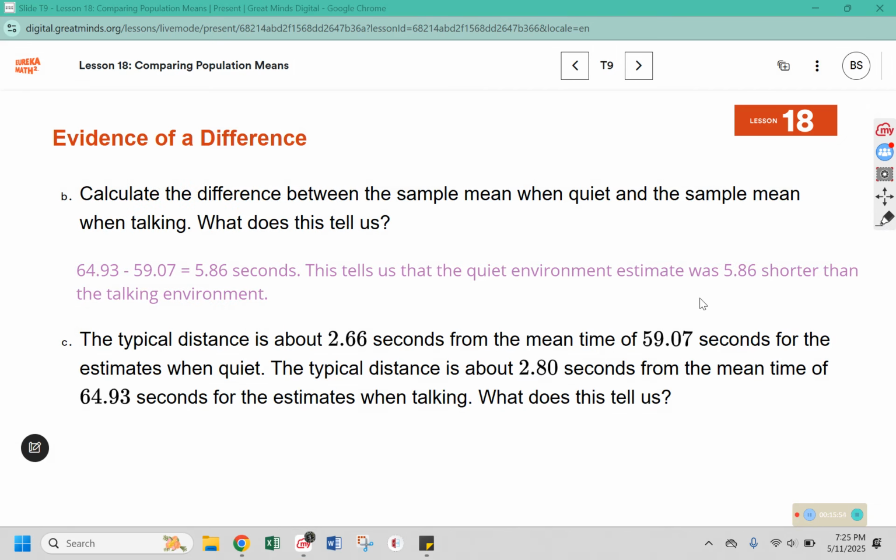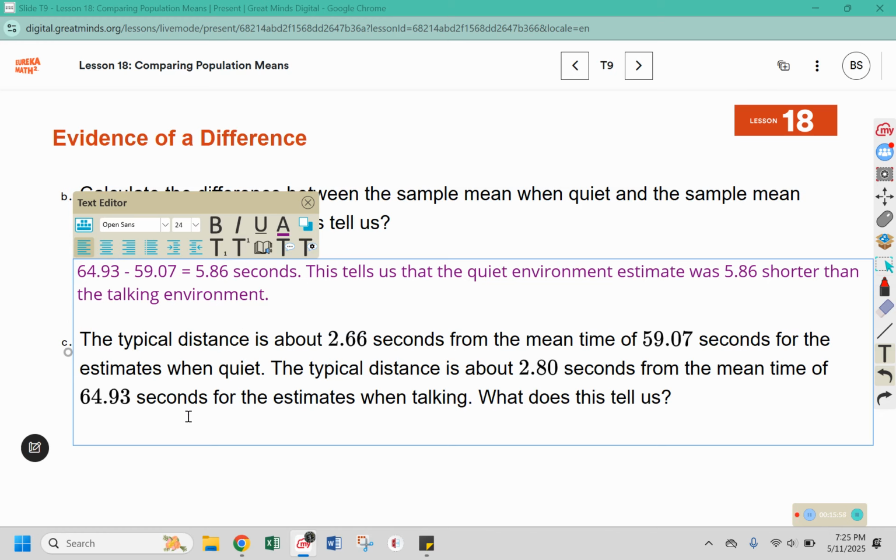The distance from the mean times to the data points is the MAD, or the mean absolute deviation, and that tells us about the variability. And since it's 2.66 and 2.80, we would say that the variability in times is similar in the two distributions.